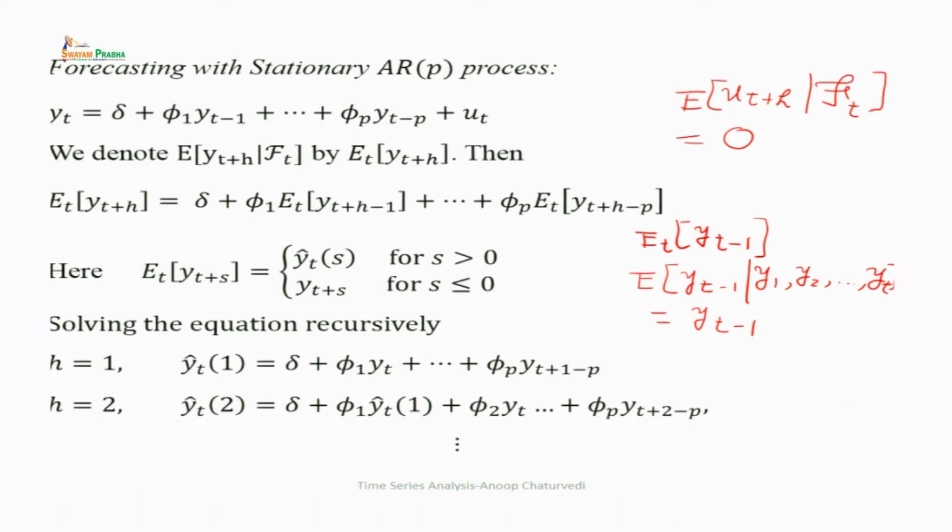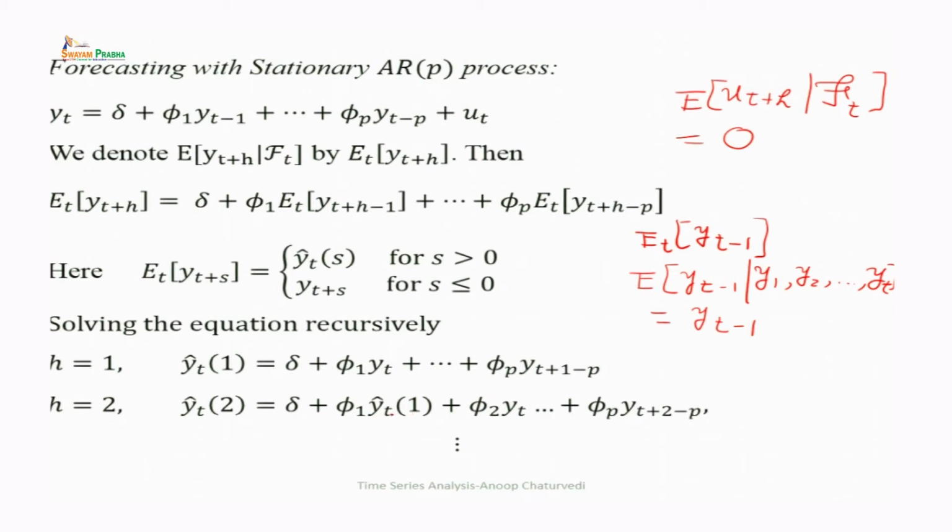Then for h equal to 2, y hat t 2 is equal to delta plus phi 1. Now h is equal to 2, so you get t plus 2 minus 1, which means t plus 1 here, and E_t of y_{t+1} is equal to y hat t 1.